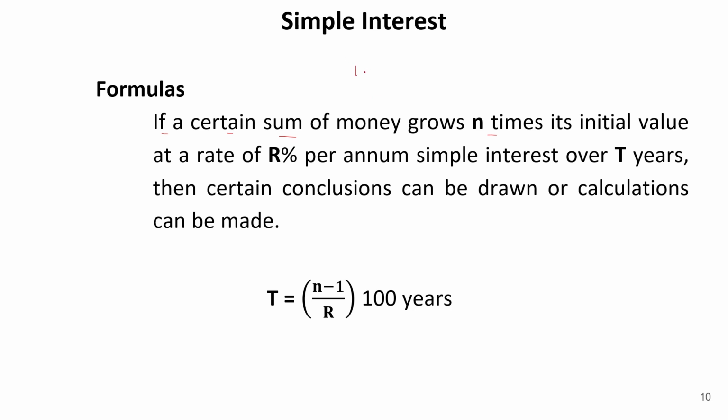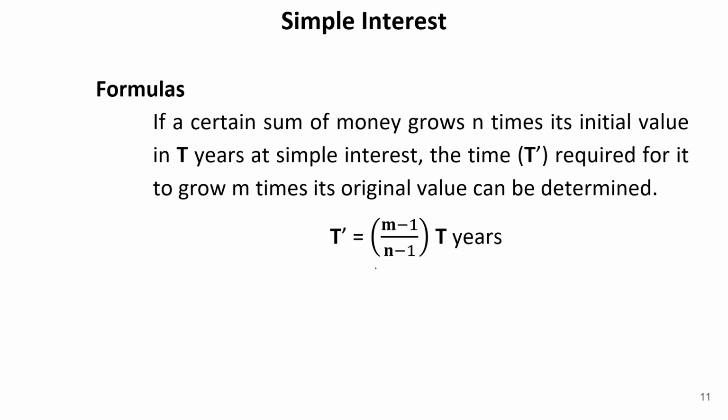So if its initial amount was 1, it becomes n times. At a rate of r% per annum over t years, we can conclude that t = (n − 1) / r × 100 years.